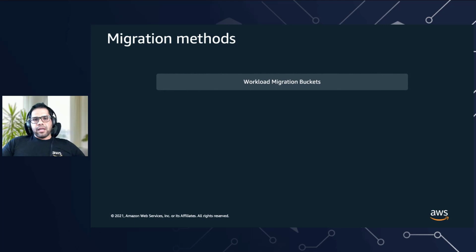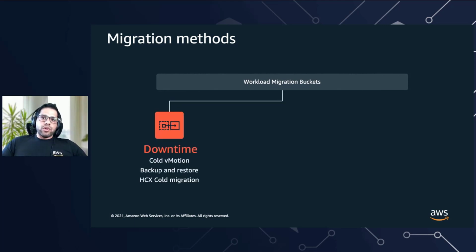As we evaluate applications, we can place them into workload migration buckets. For virtual machines that can be migrated offline, such as test virtual machines, you can use cold vMotion, backup and restore, or even HCX cold migration.